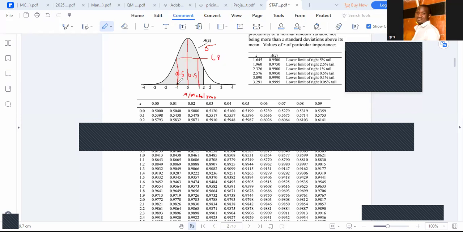Then 95% of the data is in this shaded area here. Then 99.7% when you shade this area. It doesn't touch the base as it looks, but this is about 99.7%. This is within 3 standard deviations.